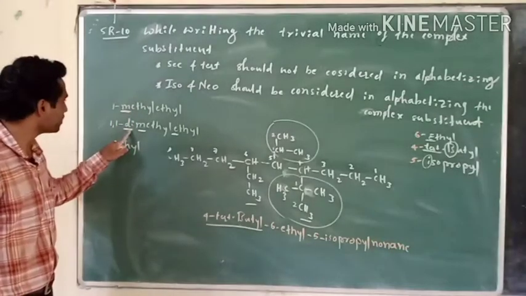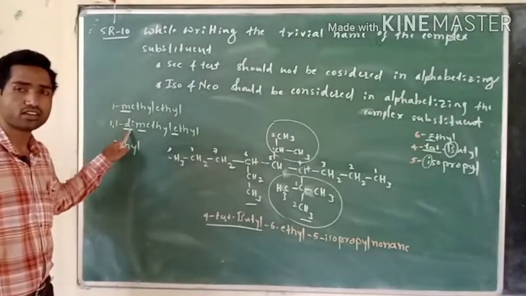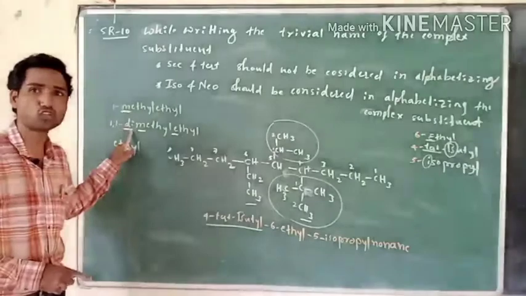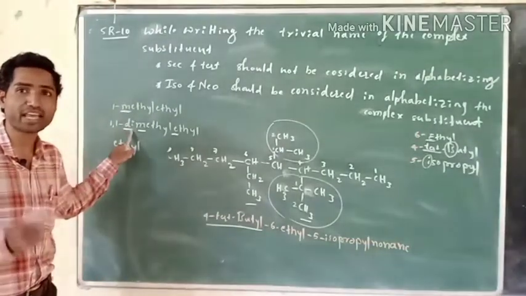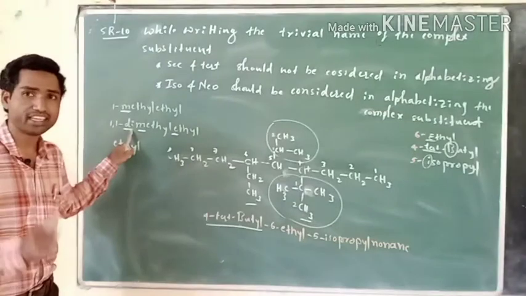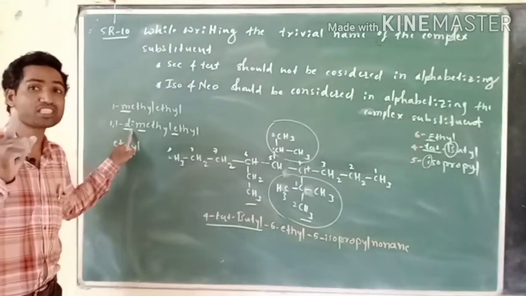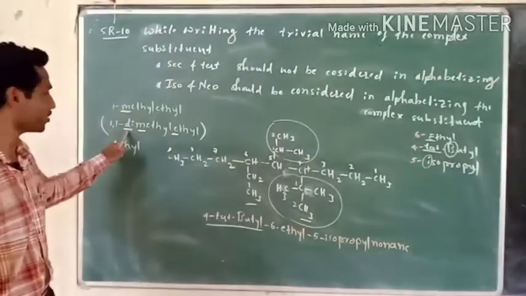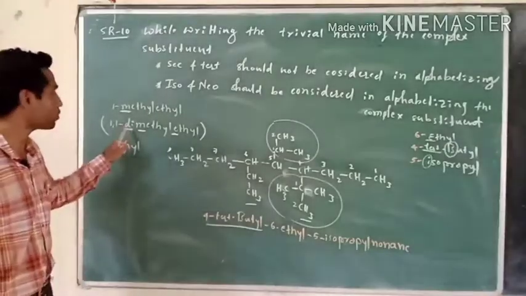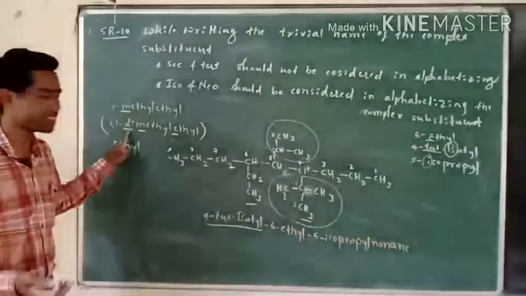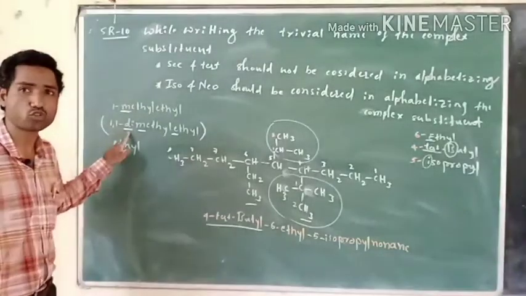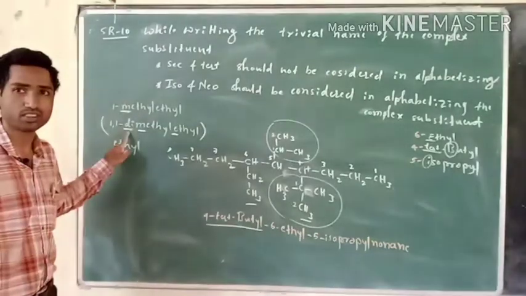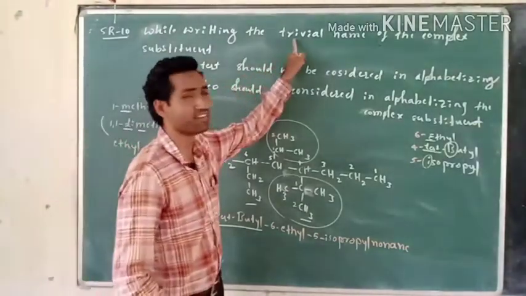So in this substituent, which one do I have to consider as the first letter? In the earlier class I told you that di, tri, tetra should not be considered in alphabetizing the names of simple substituents. But this is not a simple substituent. This is a complex substituent. Therefore, the next rule is that di, tri, tetra, etc. should be considered in alphabetizing complex substituents while writing the systematic name, not a trivial name.